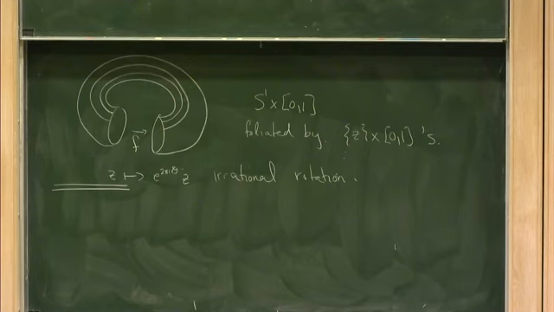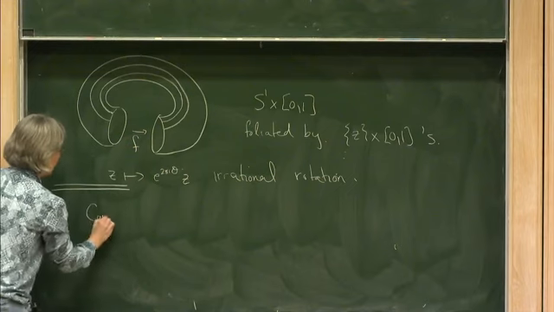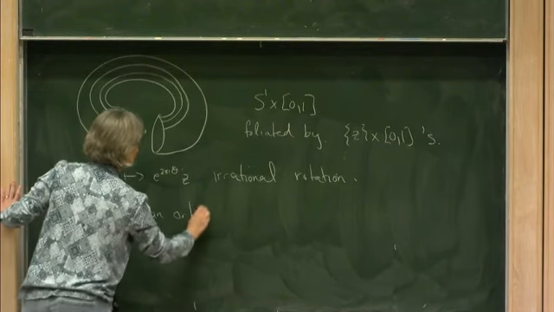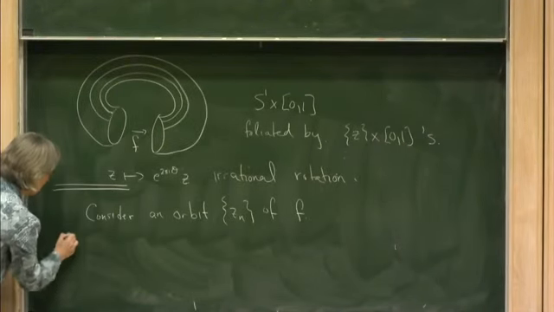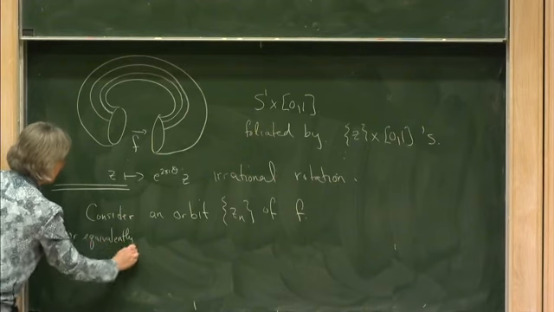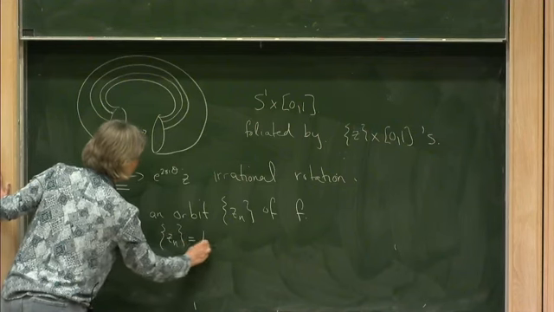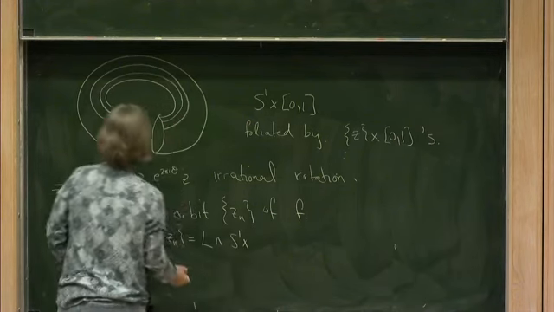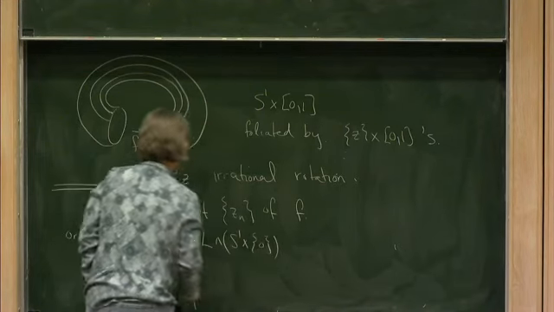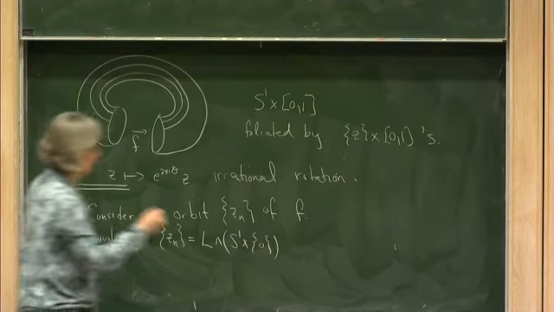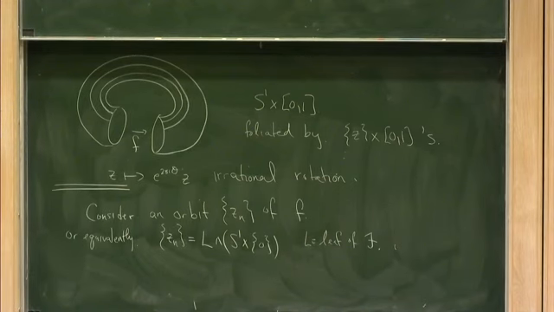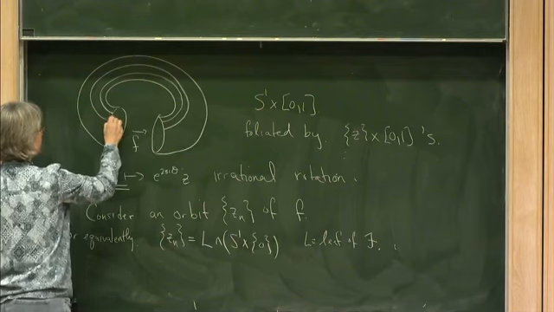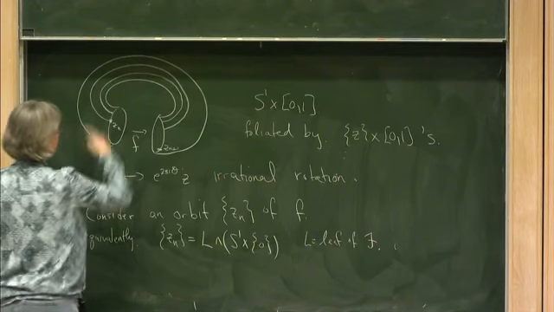So we have this foliation, and now we're just going to look at an orbit, z_n, of my homeomorphism F, or equivalently L intersect my S1 cross 0, which is identified with 1, where L is any leaf of F. So I can focus on the leaf L, or I can focus on its intersection with this circle after I've done my gluing. So maybe I have a z_n, a z_(n+1), etc.